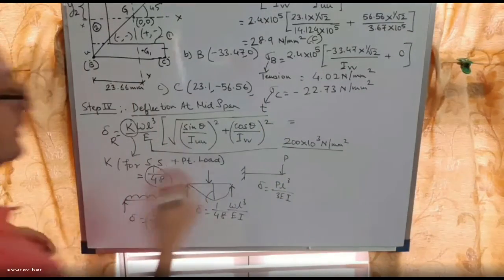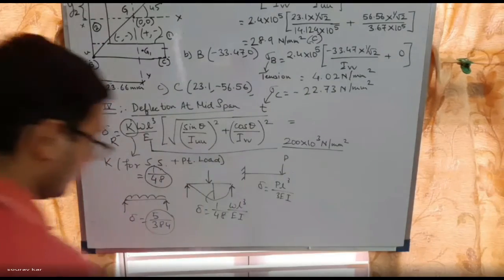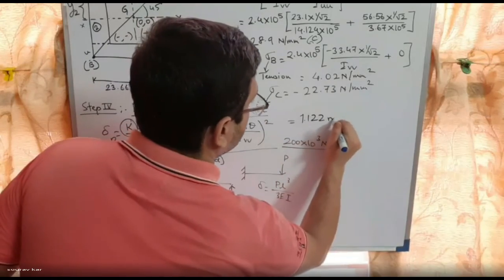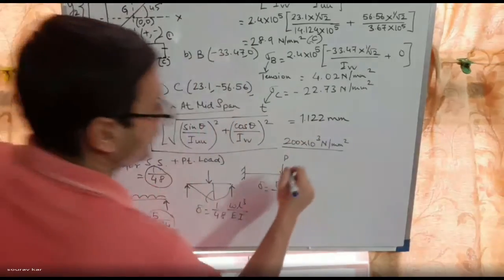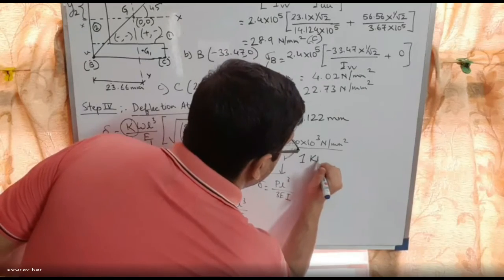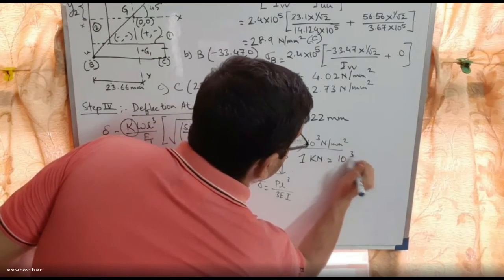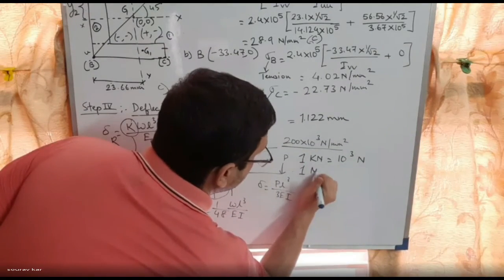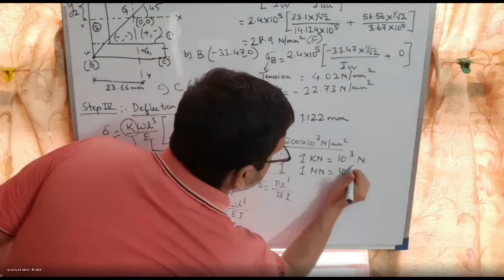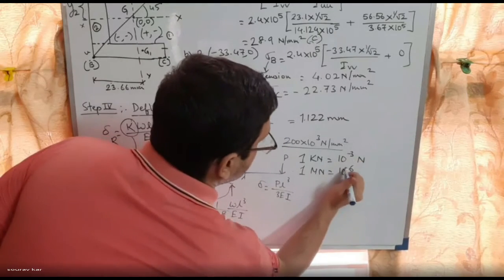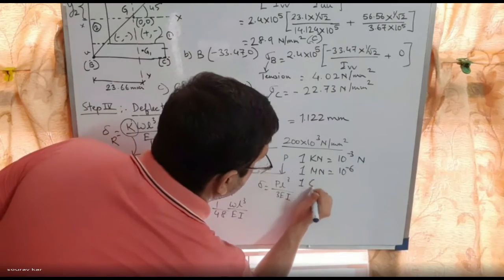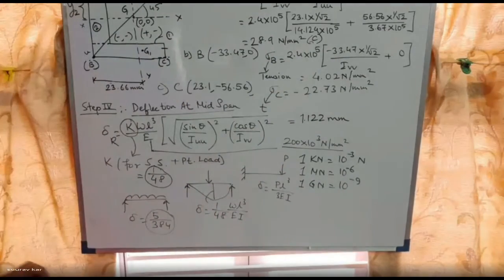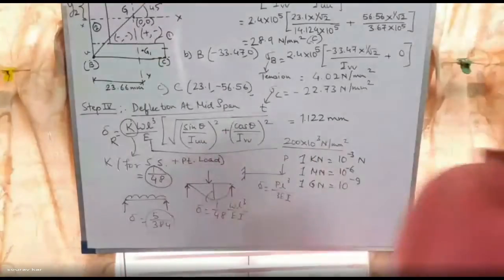You will see the deflection is coming around 1.122 mm. 1 kilonewton means how much? 10 to the power 3 Newton. 1 meganewton, 10 to the power 6. And 1 giganewton, 10 to the power 9.